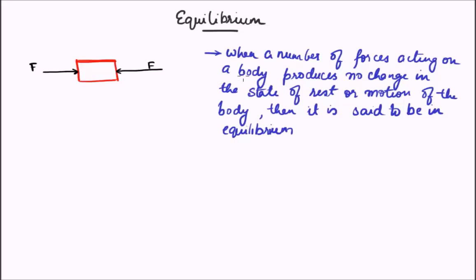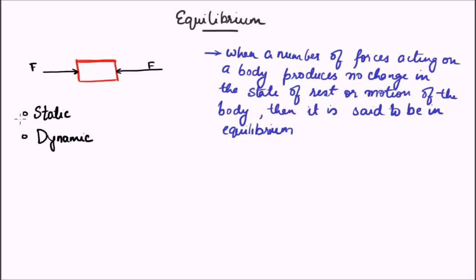Now we understand what equilibrium is. There are two different kinds of equilibrium. The first is called static equilibrium, and the second is termed dynamic equilibrium.